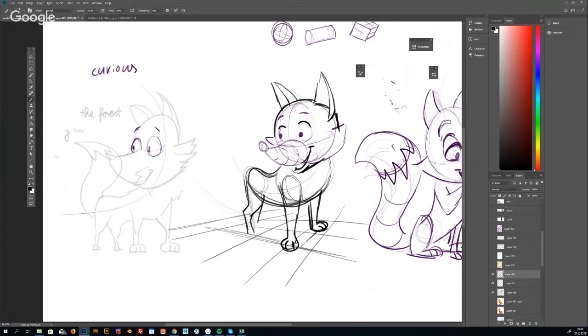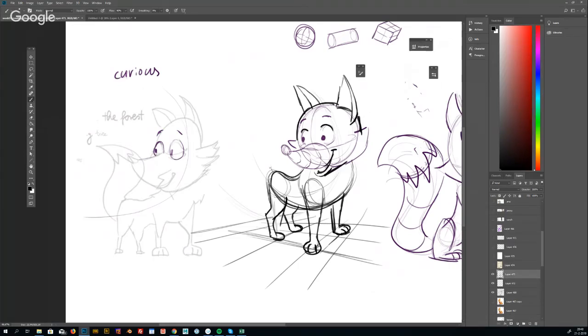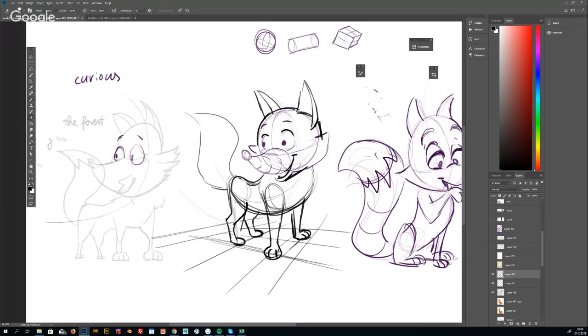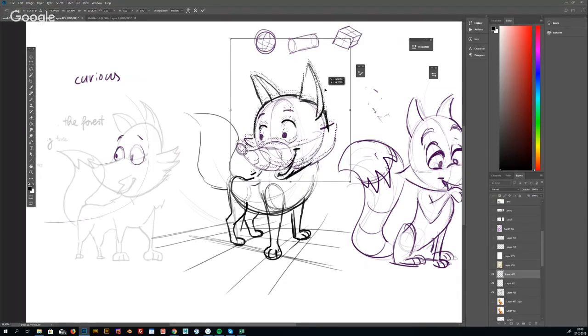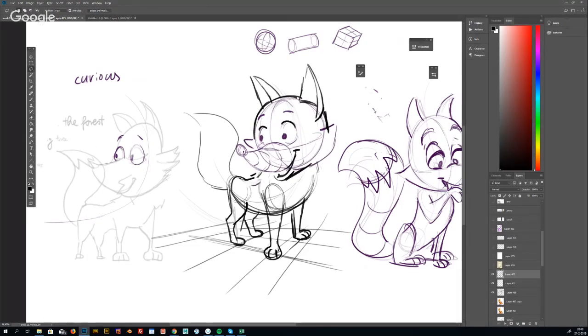I'm now doing it out of my head, but normally I would look it up. I think this body is a bit strange, but it's good to look up some reference, some photos. Maybe it's still a bit loose.